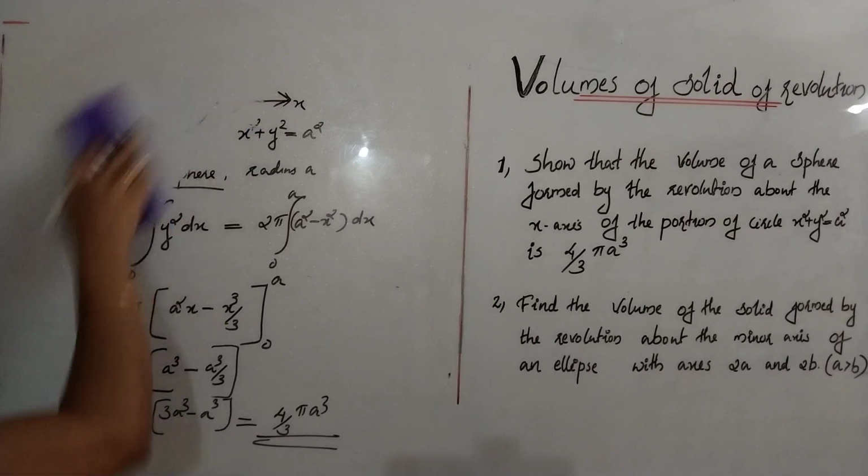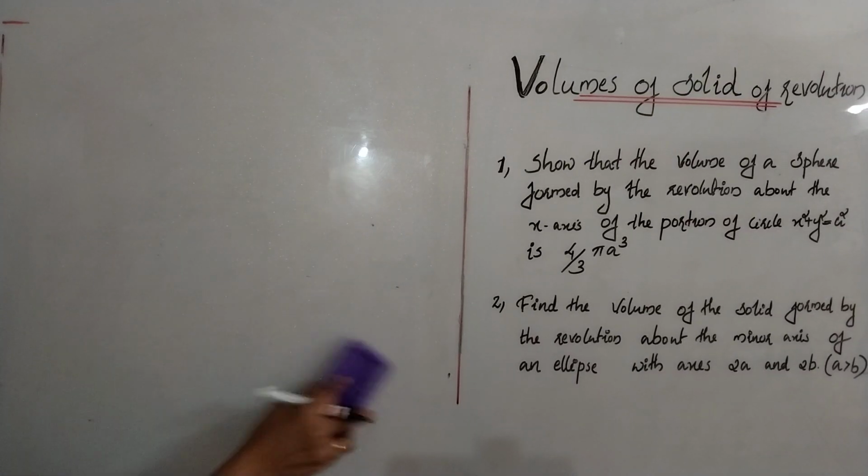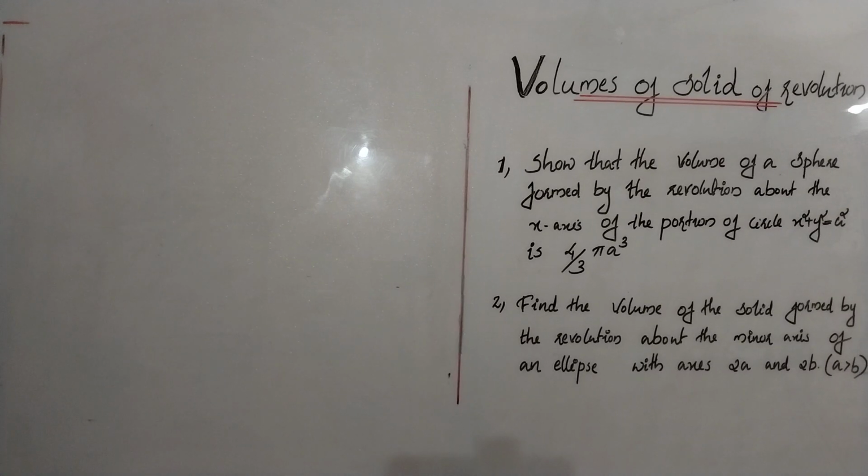Now consider the second question. Find the volume of the solid formed by the revolution about the minor axis of an ellipse with axes 2a and 2b, and a greater than b.